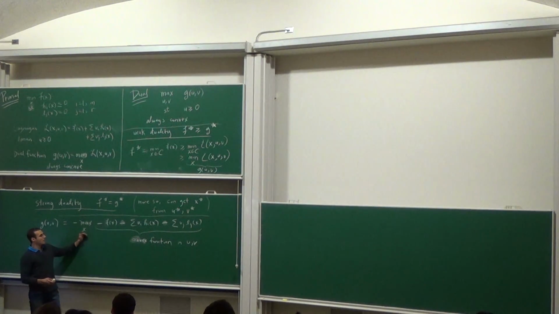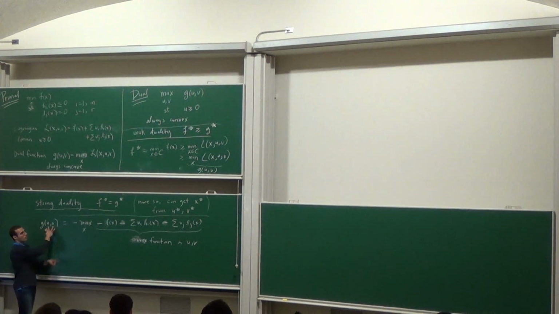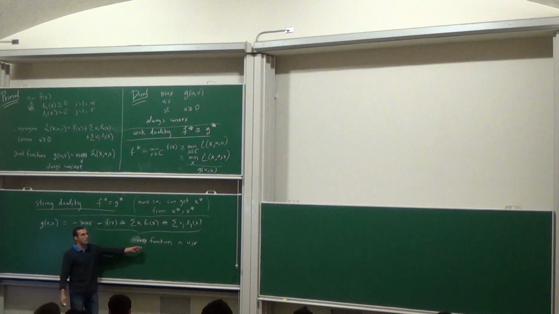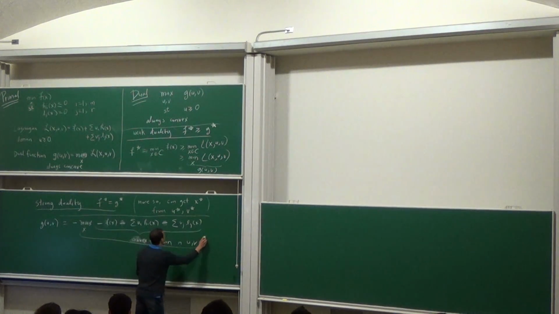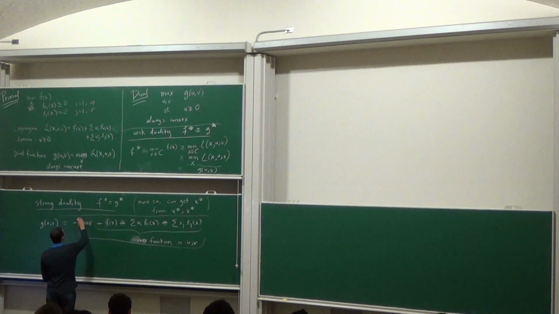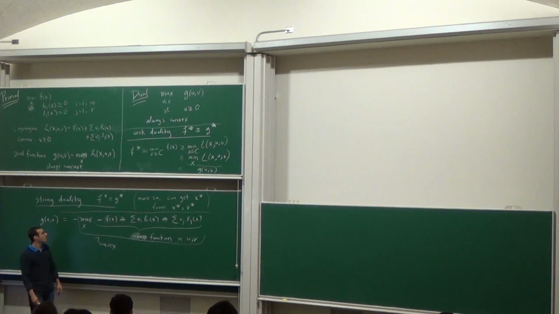So what happens if I take a pointwise maximum of convex functions? At a point (u, v), this is just the maximum of a bunch of convex functions in (u, v). It's convex. This is one of our rules: taking pointwise maxima of convex functions gives you a convex function. And look, I have g as a minus convex function, so g is concave.